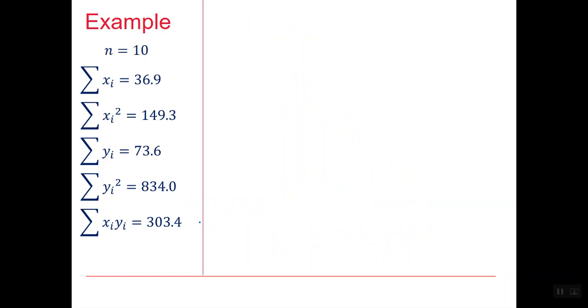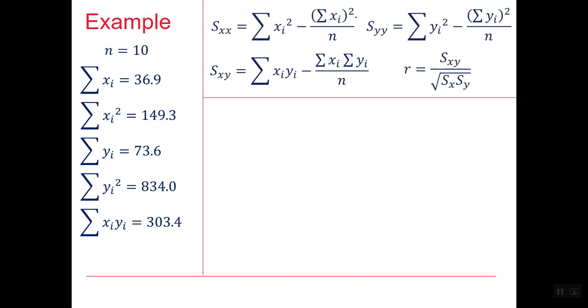Here we have the summary statistics that were given in the question. And here we have the individual parts of the formula that are given in the formula booklet. So we're going to use these summary statistics to calculate each part. So we have that SXX from up here is 149.3 minus 36.9 squared over 10, which gives us 13.139.